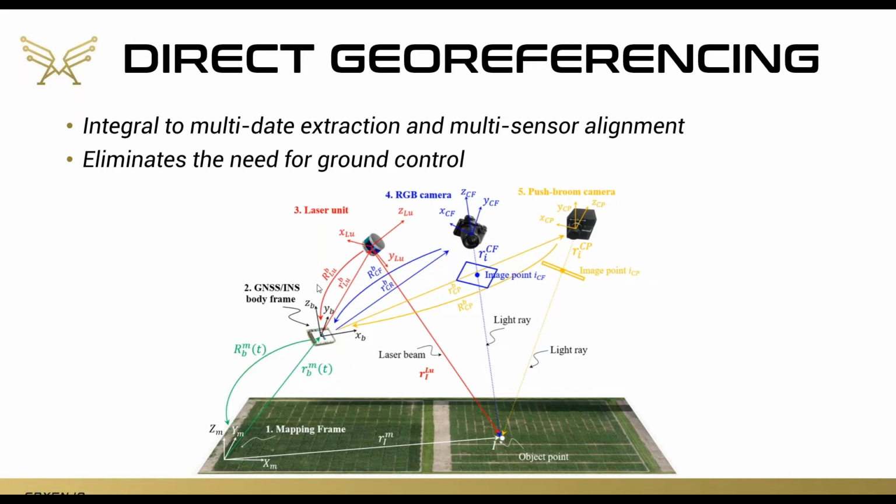The key component of that is having the GNSS inertial solution. And then all of these lever arm and rotation angles you see here are how we define the relationship between each of the sensors relative to the IMU. And this process of determining these relationships is, again, key to how accurately this data is processed.